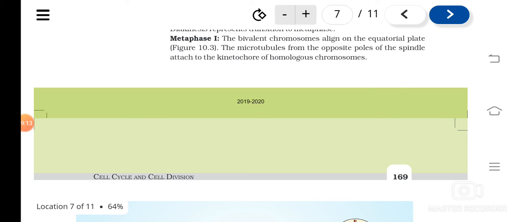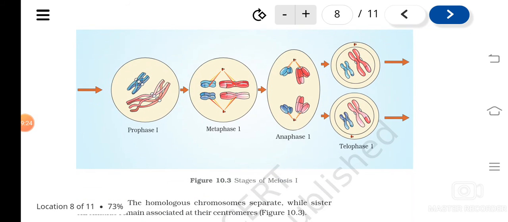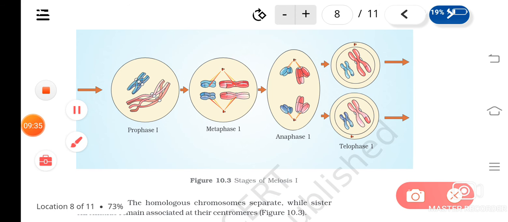We have studied in the cell chapter that just above it there is a structure known as the kinetochore, and its function is to provide a place for the attachment of spindle fibers to the chromosomes. You can see the spindle fibers are formed here and they are getting attached to the kinetochore.